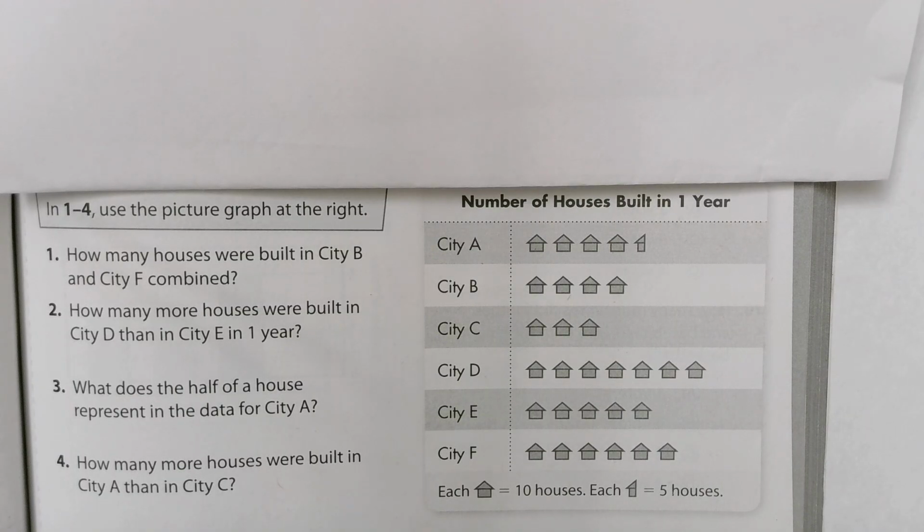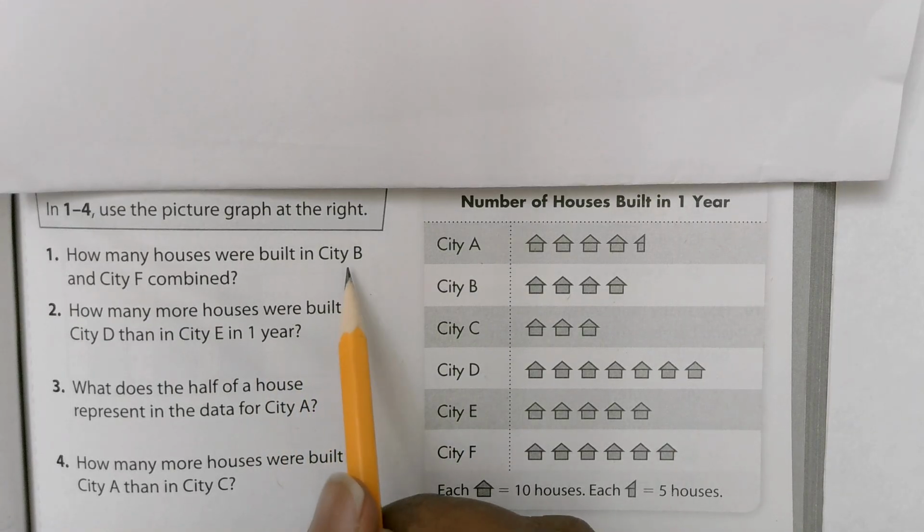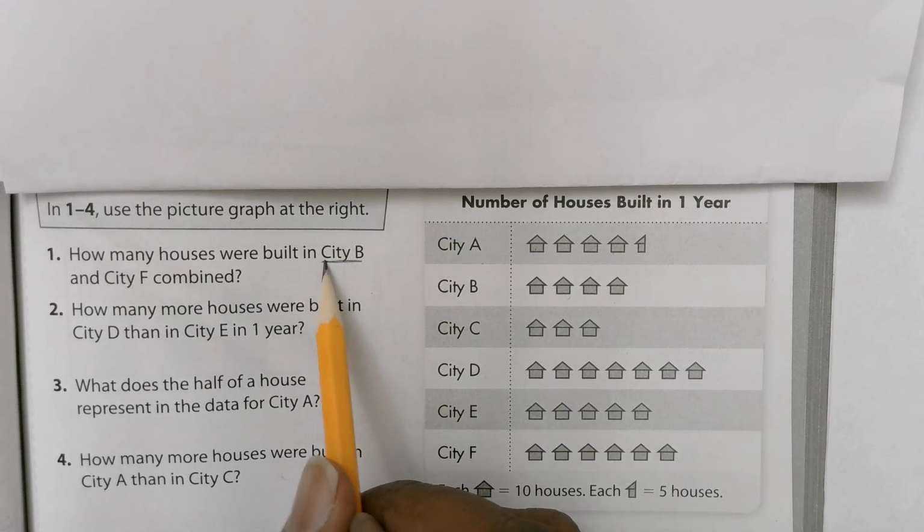So let's do one. Let's look at number one. Number one says how many houses were built in city B and city F combined. Let me underline my city B because this tells me exactly what I'm looking for.